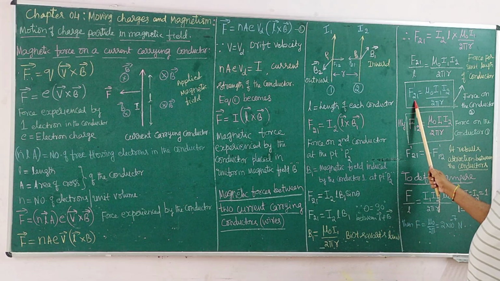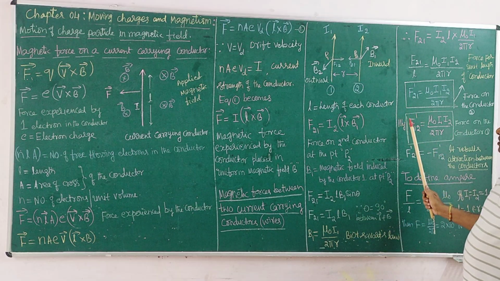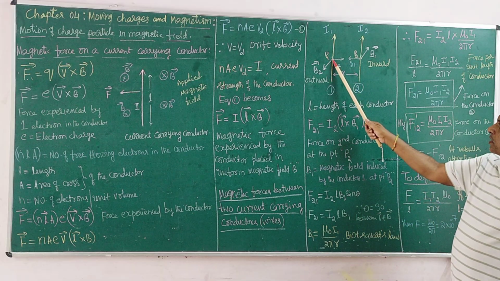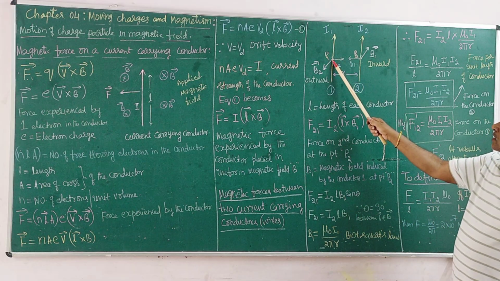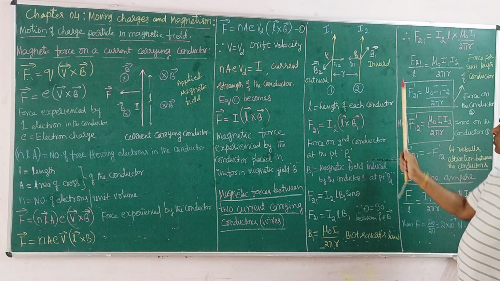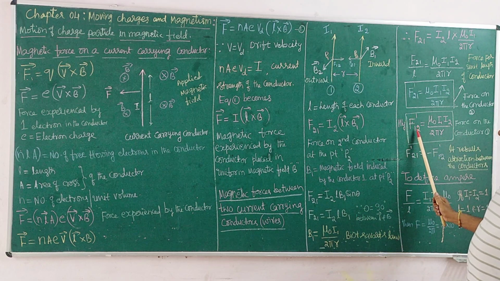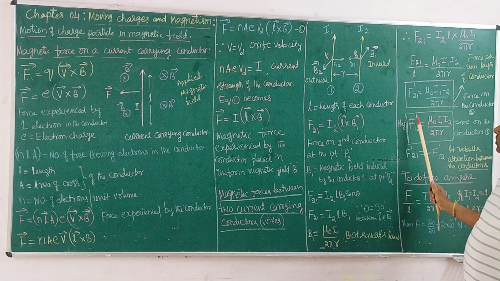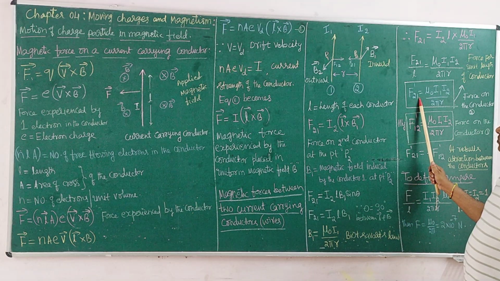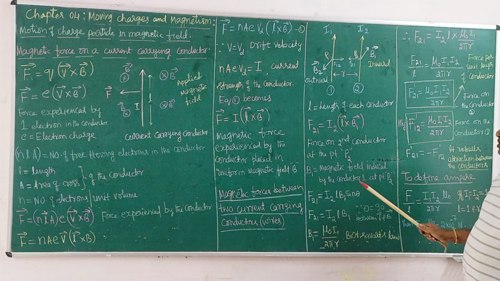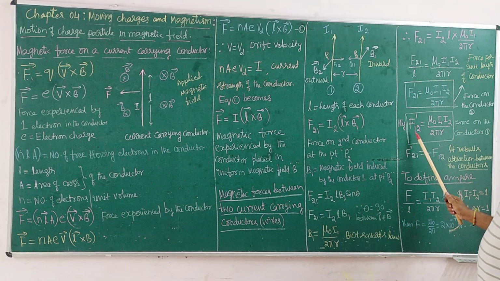This is the force at this point, that is the force on conductor 1 due to conductor 2, force on conductor 1 by 2. What is F21? Force on conductor 2 by 1. If you do the mathematical evaluation, we get the same equation.